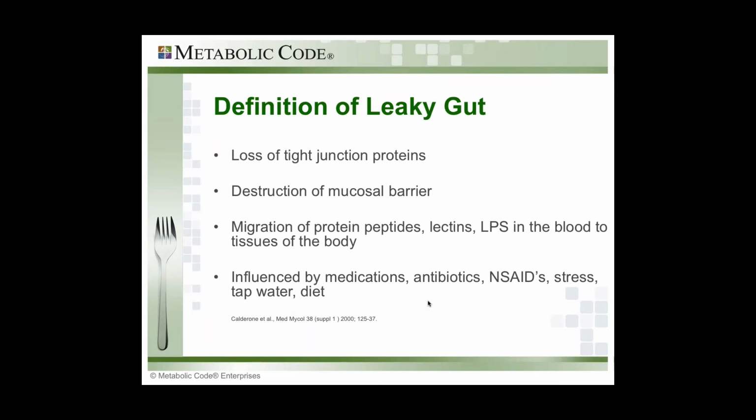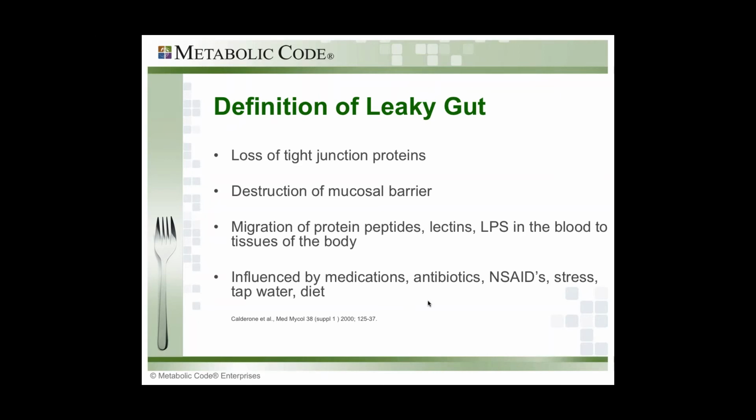So this is kind of a synopsis, but what can happen then is because you lose those tight junction proteins, you can get migration of protein peptides and different substances from foods from the intestinal lumen into the bloodstream, and therefore it can migrate and lodge in tissues of the body.